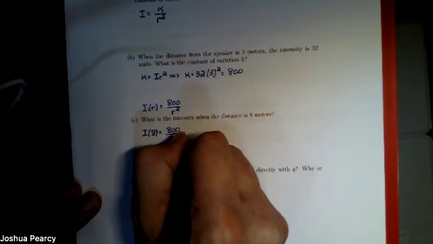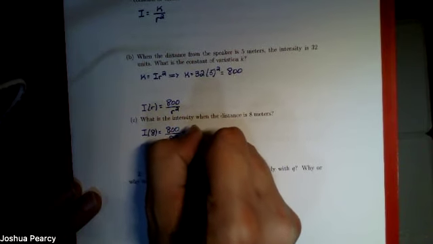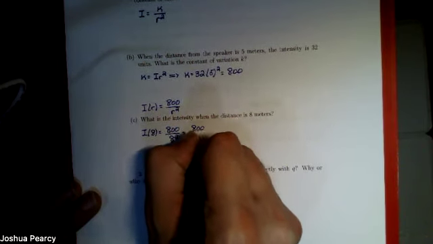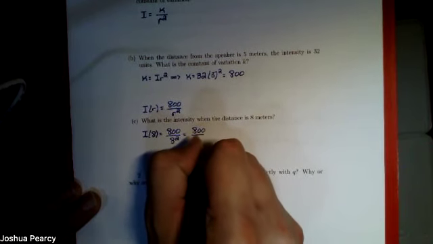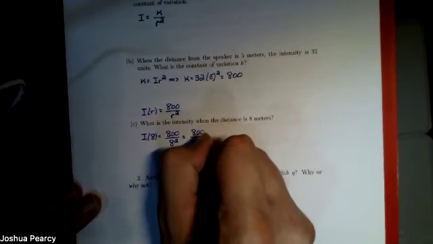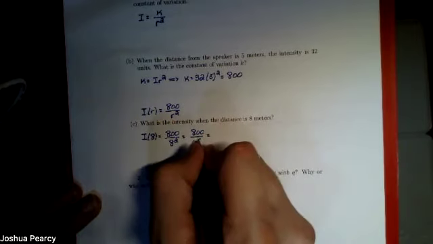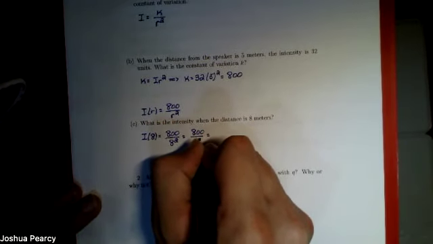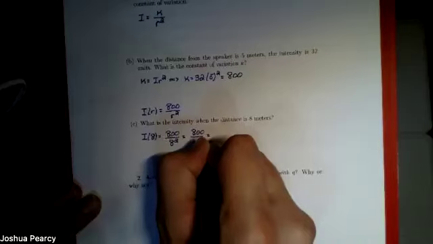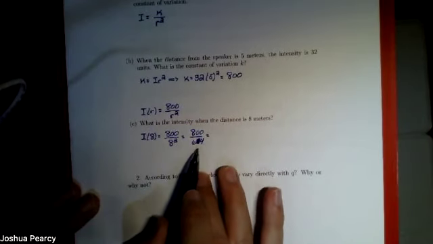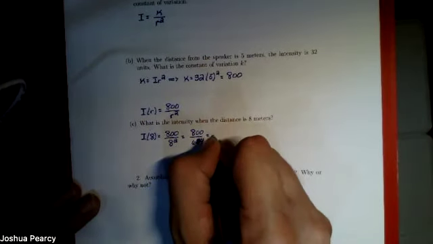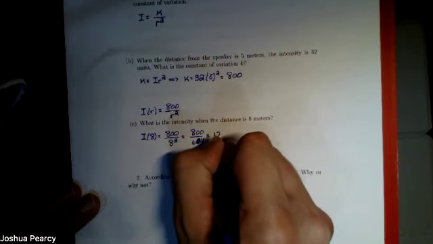So this is just 800 over 64. And this is equal to, whenever you do the division, not 65, 64 right here. My apologies. So 800 divided by 64. And when we do this division, this gives us 12.5 units.